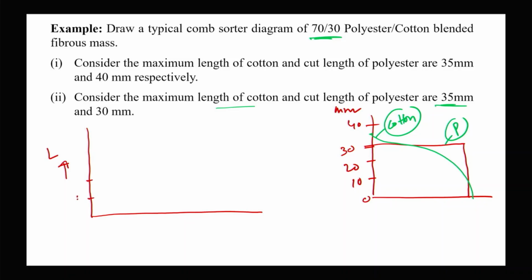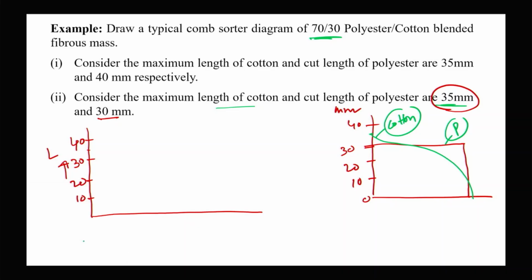With 10, 20, 30, 40, this is 35. Now, the maximum length here is 35, which is more than the cut length of polyester.